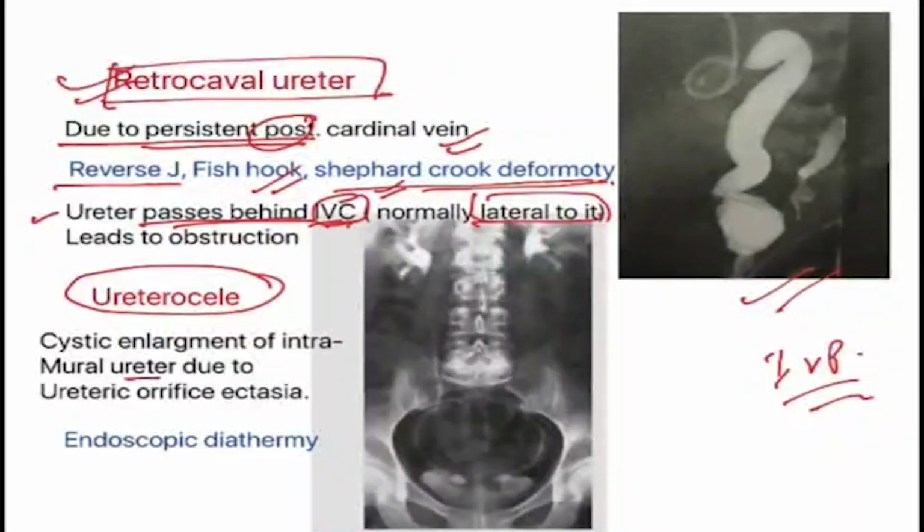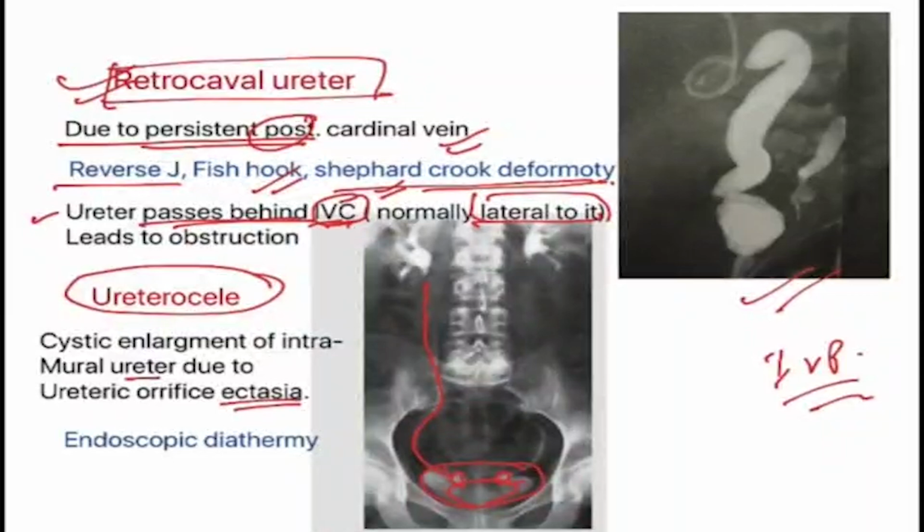Now the last topic is ureterocele. So in ureterocele, the intramural ureter, this is the ureter, and this is the bladder, and this is the bladder wall. So the intramural part is dilated.